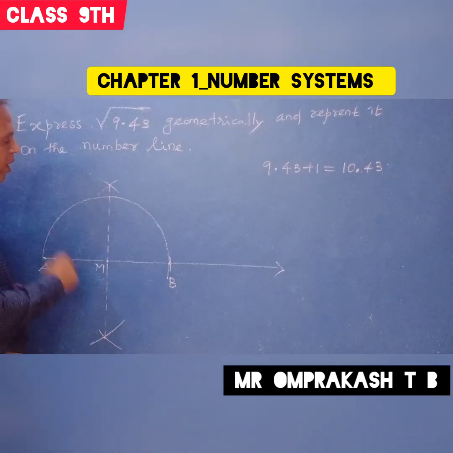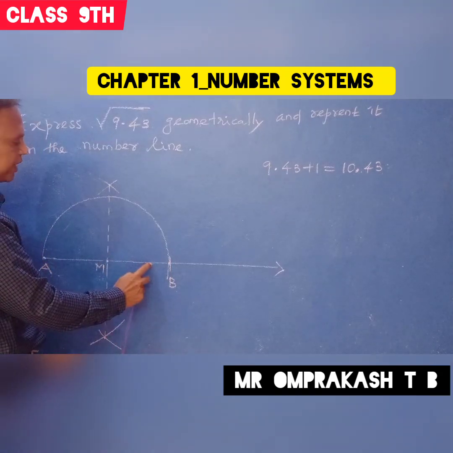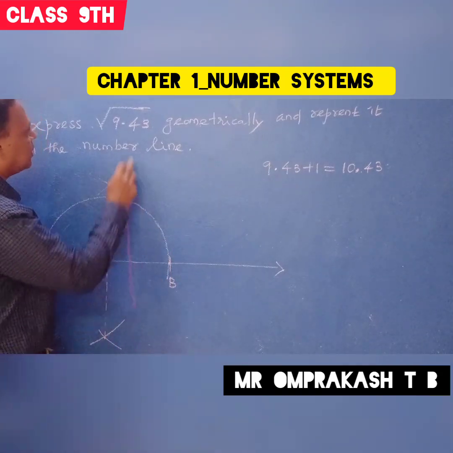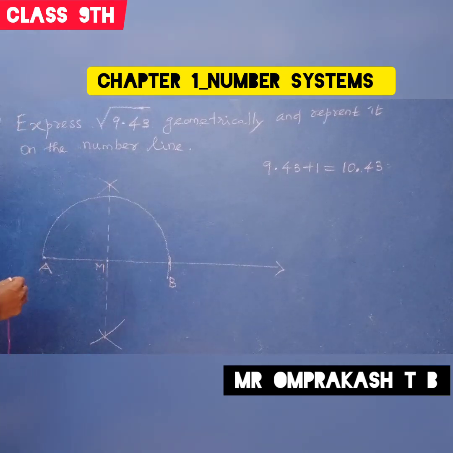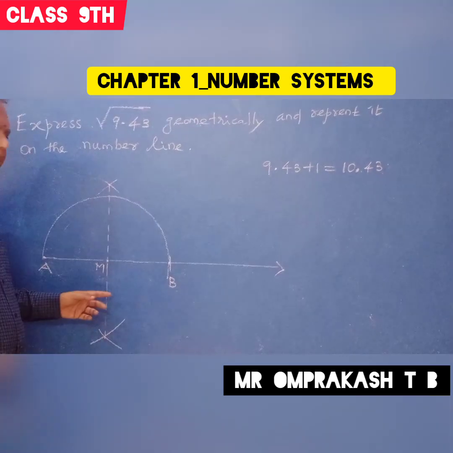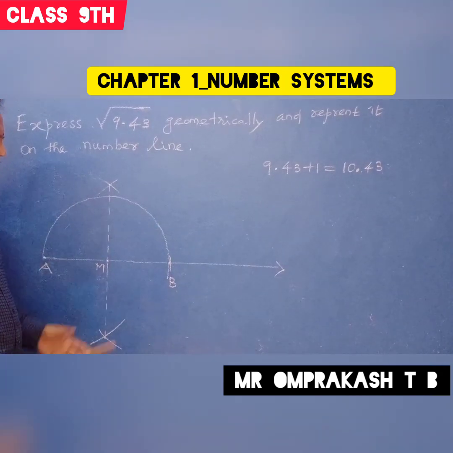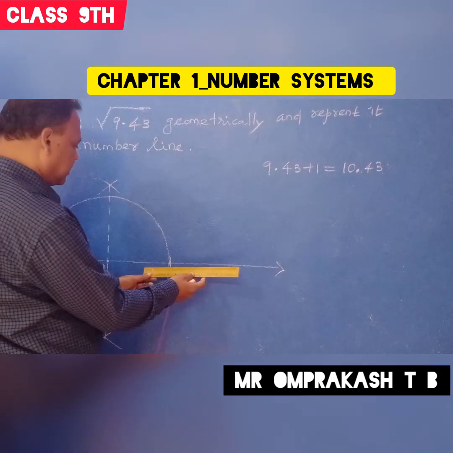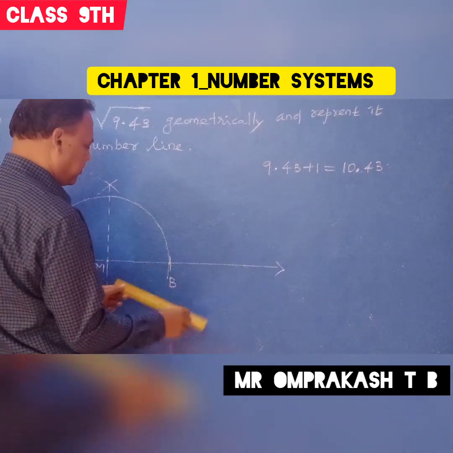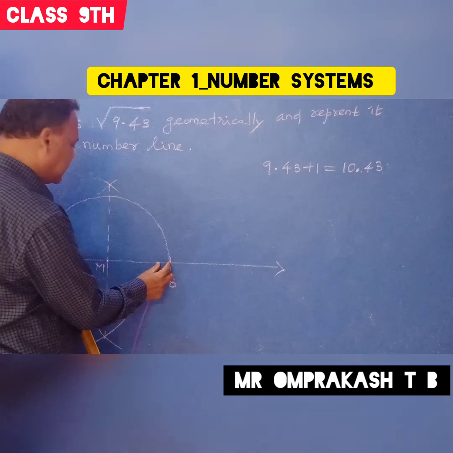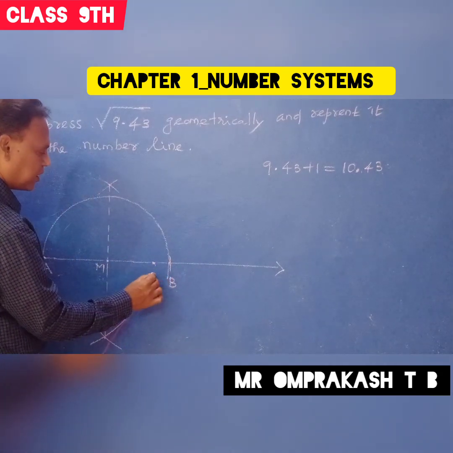Now after drawing the semicircle, you take the scale and measure 9.43 from A. From here, measure 1 centimeter and mark it here.